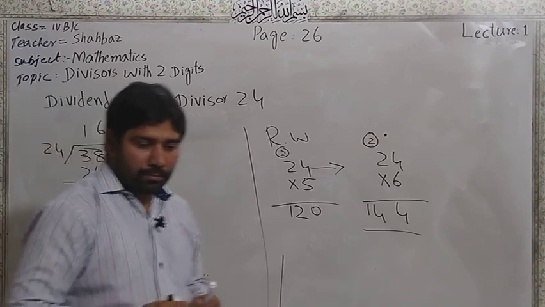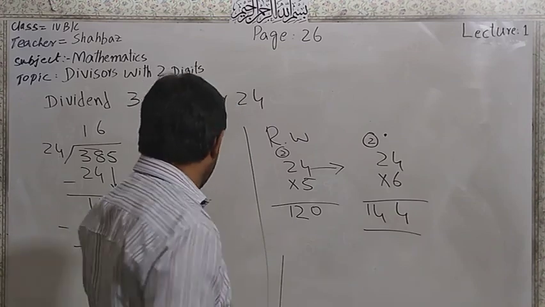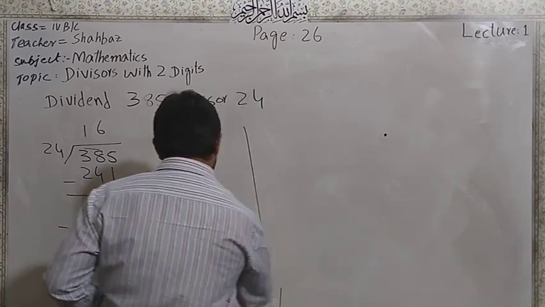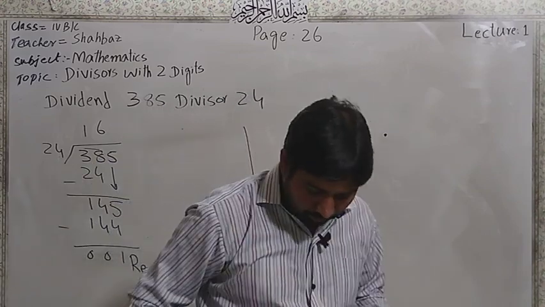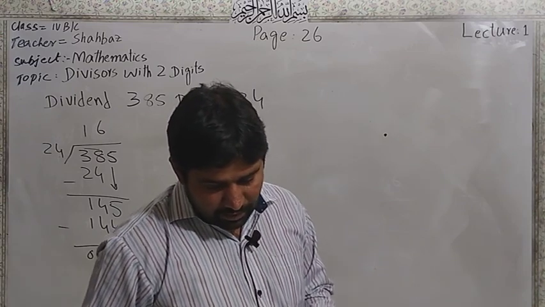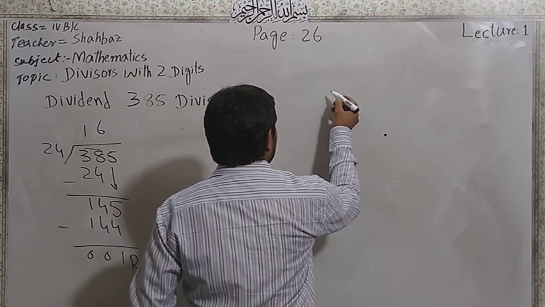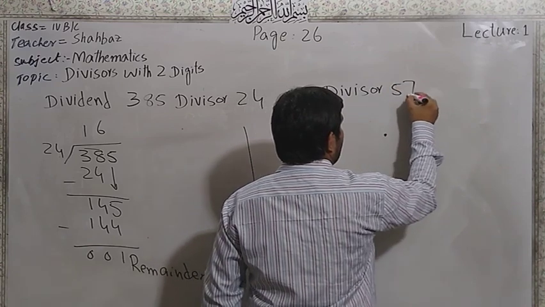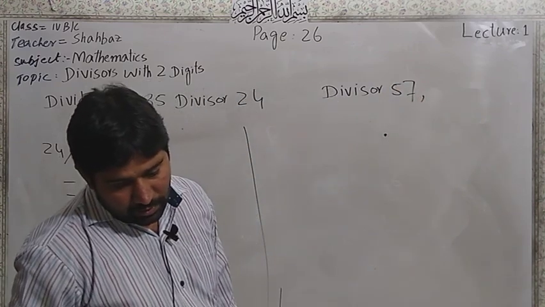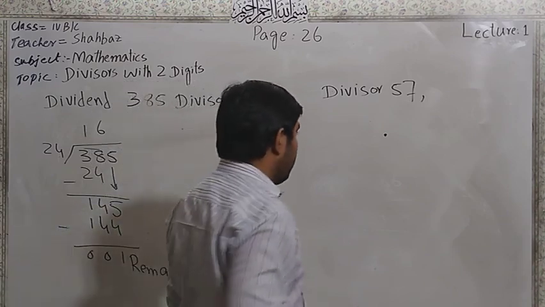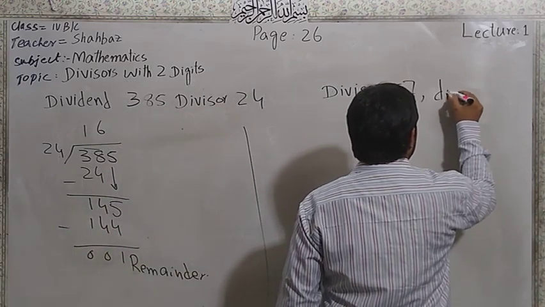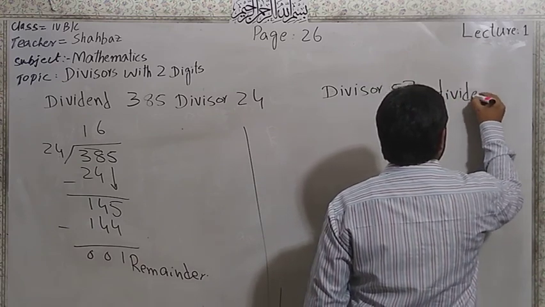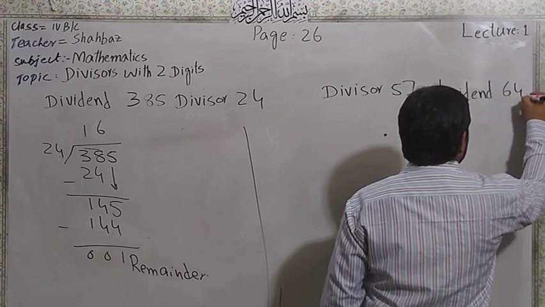Okay, now you have part B. In part B, you have divisor 57 and dividend 640.